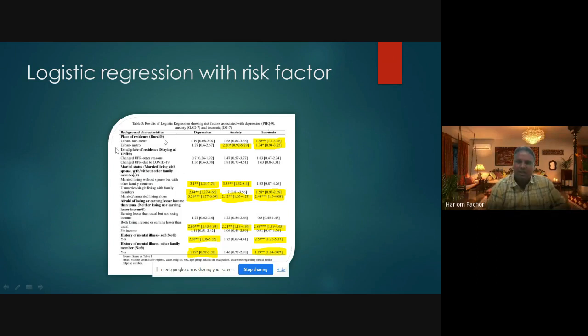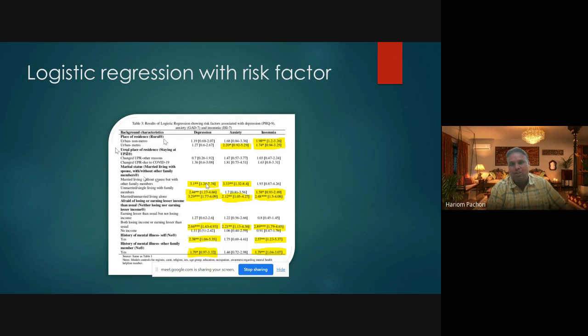For marital status, married living with the spouse, with or without family members, was the reference category. Compared to that, for the married living without a spouse but with other family members, the risk of depression was 3 times higher, and it was significant also.